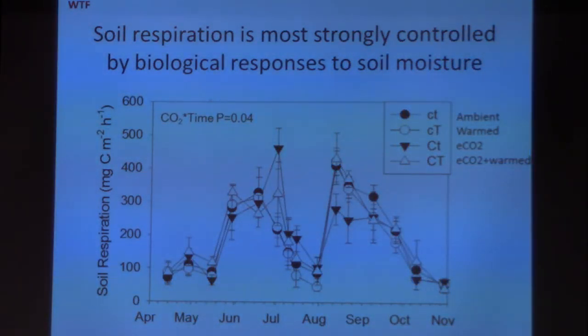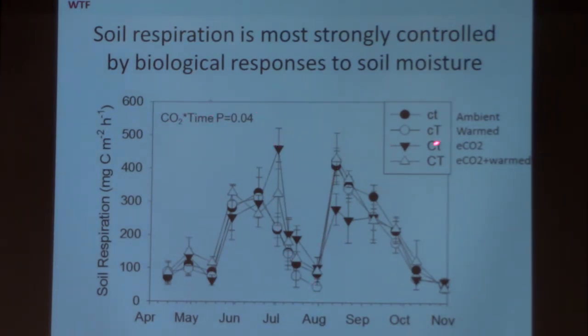This is just the flux rates from one growing season. It's kind of crazy there, because there can be bimodal precipitation regimes. Grasslands are challenging to study sometimes because of that. There was a significant interaction between the CO2 effect and time.